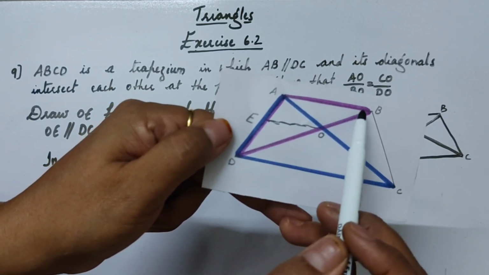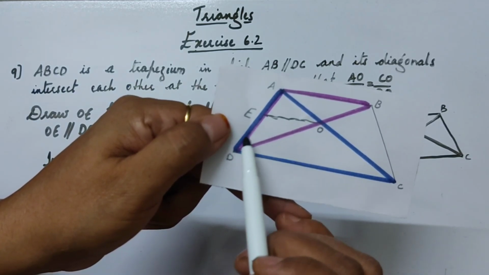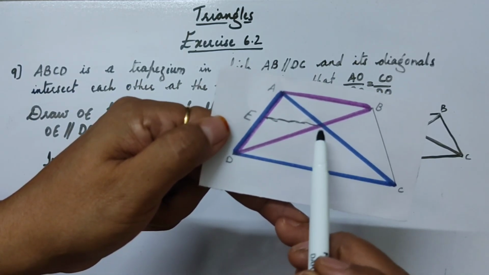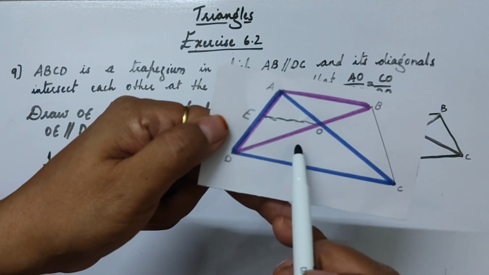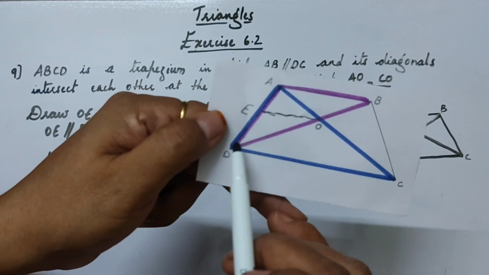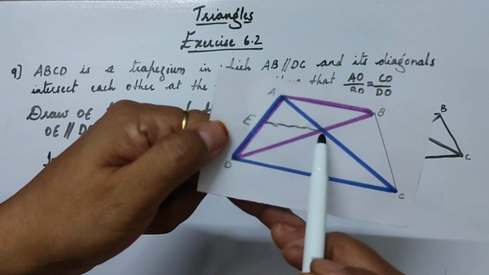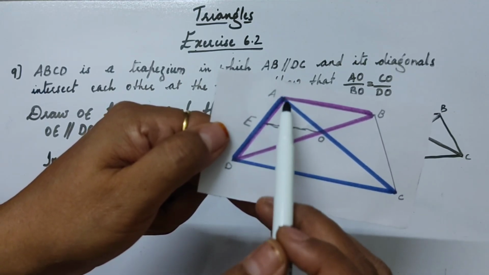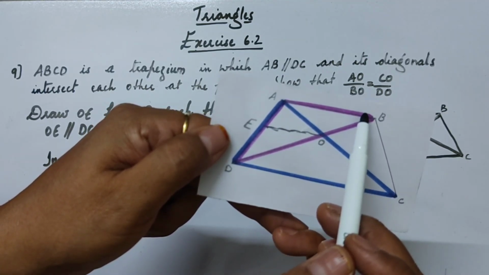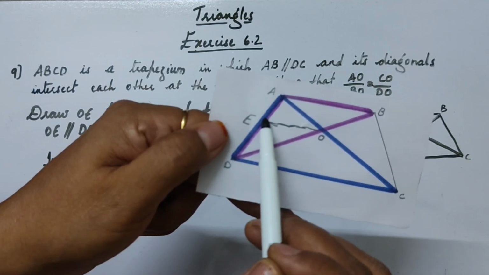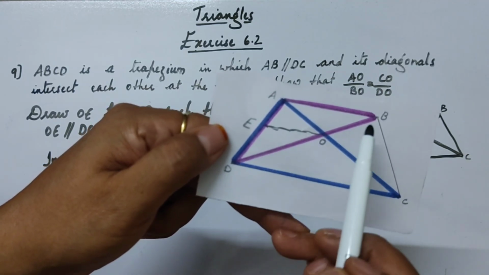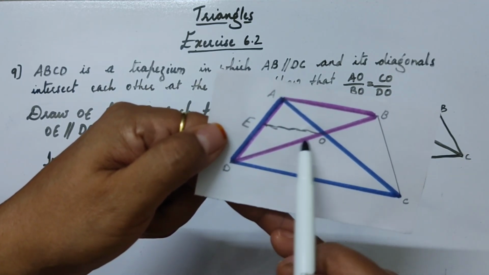When these are both parallel, I can say that AE by ED equals BO by DO. Okay, students, see, we can apply the Thales theorem here. As OE is parallel to the side AB, I can say AE by ED equals BO by OD.